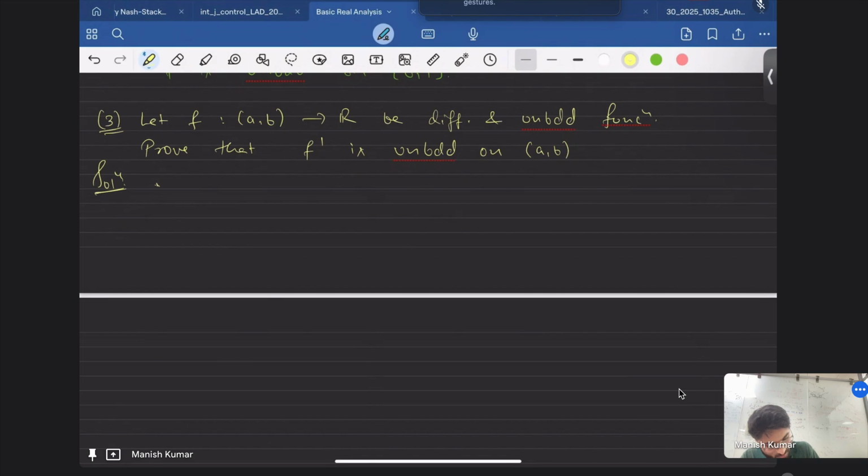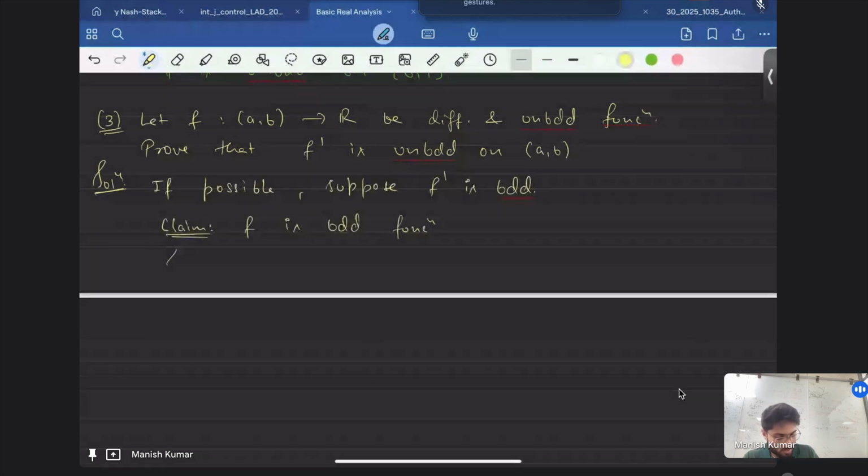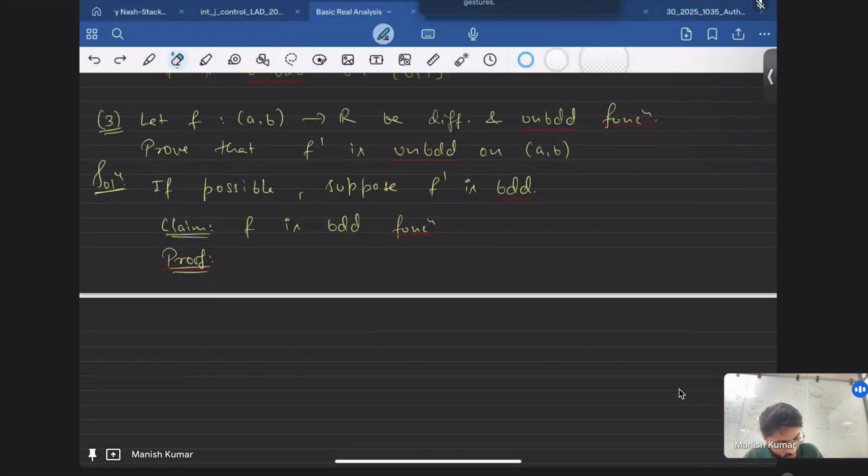If I take any x, f prime of xi... the mean value theorem would not work directly there. Let's try to use continuity. I want to show this is less than or equal to something. To use the mean value theorem I can do one thing.